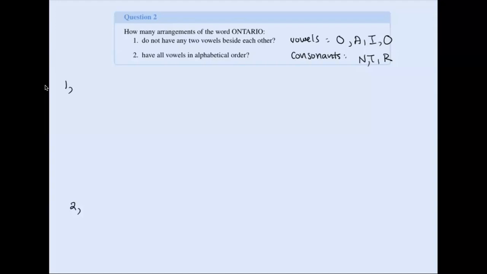We have 4 vowels here and 3 consonants. I got 3 factorial times 5 factorial. How do you get that though?